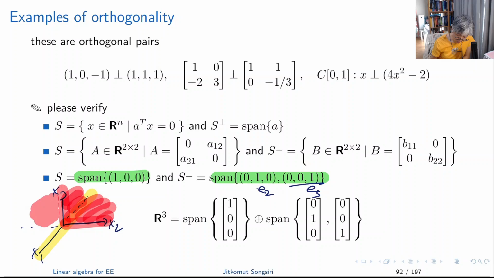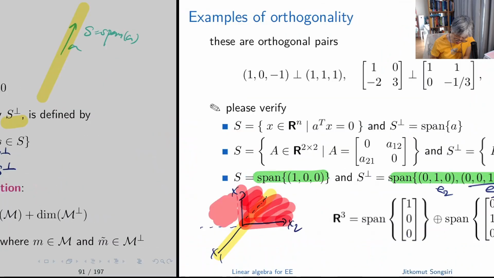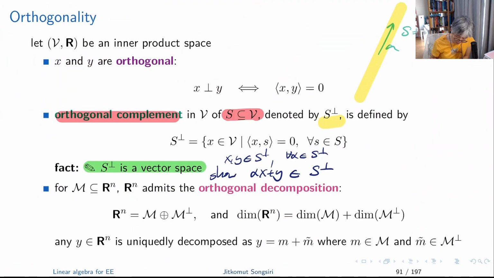So what I mean by admitting orthogonal decomposition is that you can decompose R3 as S direct sum, this is our notation, direct sum with S perp. And what direct sum means is that you can represent any y in Rn as a member m in big M plus m tilde in M perp.